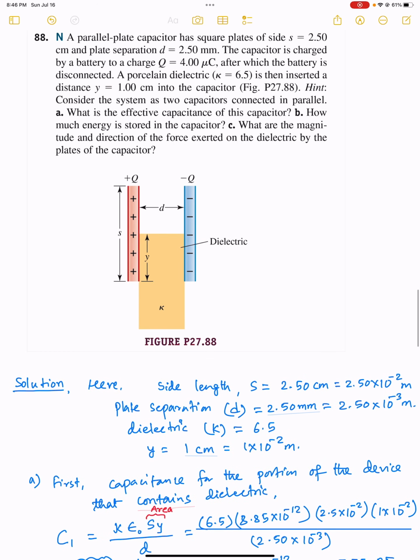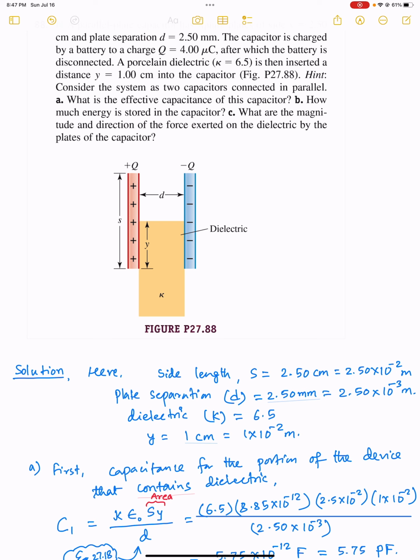Further, the capacitor is charged by the battery to a charge Q equal to 4 microcoulomb, after which the battery is disconnected. Okay, and further, a porcelain dielectric of dielectric constant 6.5 is then inserted at distance y equal to 1.00 centimeter into the capacitor.